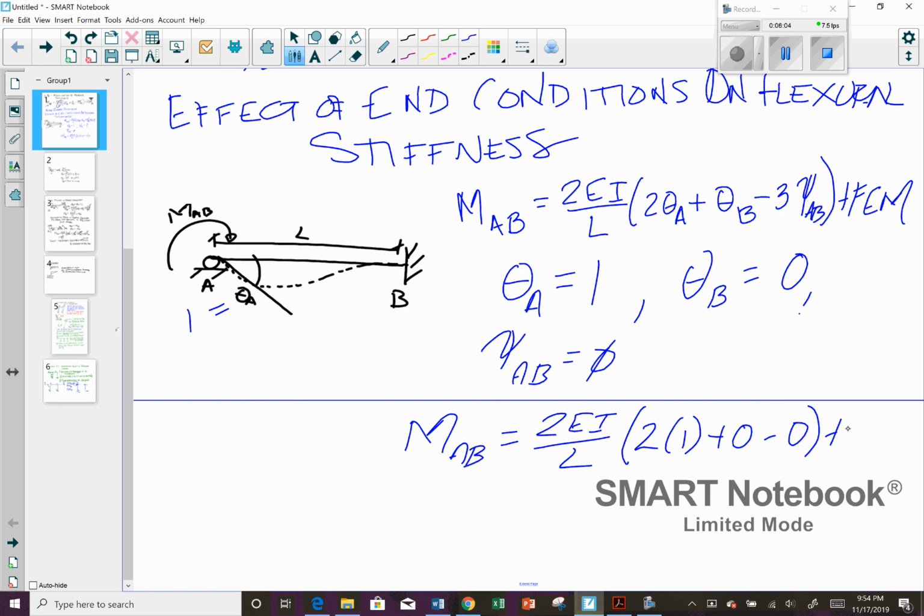And then we have no load on it, so we have no fixed end moment. Therefore, our moment at A is equal to 4EI over L. Okay, so this represents our absolute flexural stiffness.